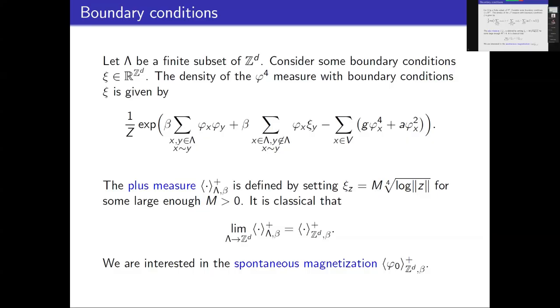And so why are you calling it plus measure? So this comes from the case of the Ising model where you have two spins, with values +1 or -1, and plus corresponds to +1. So we're going to see this as a +1 measure, some sort of positive measure. Of course, here our spins are bounded. So this is the analogy to if you set all of the boundary spins in the Ising model to +1.